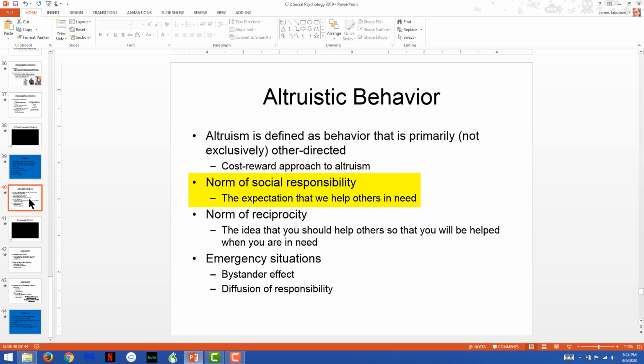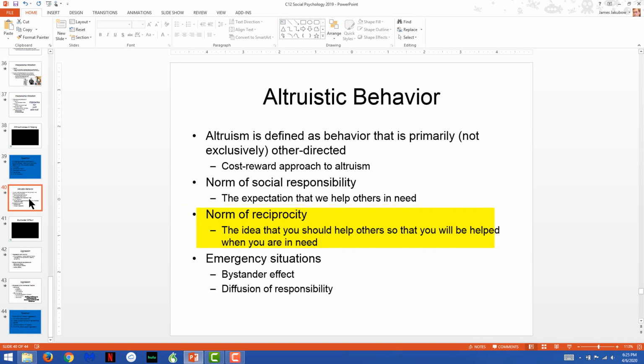One, the norm of social responsibility. The expectation that we help others in need is a standard for society. It's an expectation that people have, that if somebody needs help, you should just naturally help them. In the norm of reciprocity, the idea is that you should help when other people need help and that they will help you when you're in need.